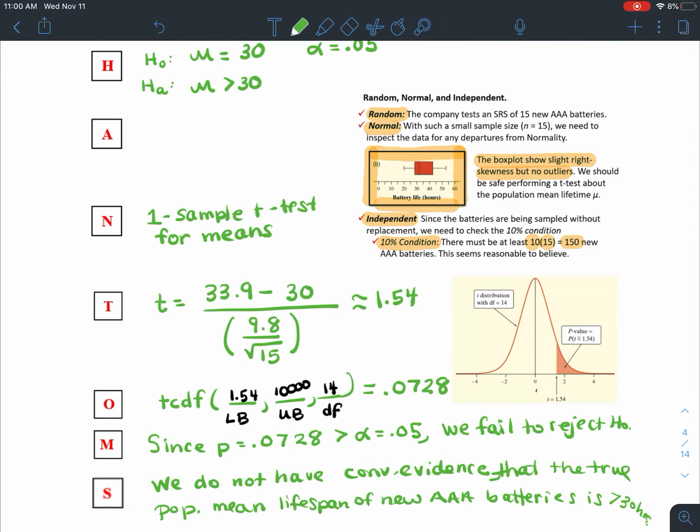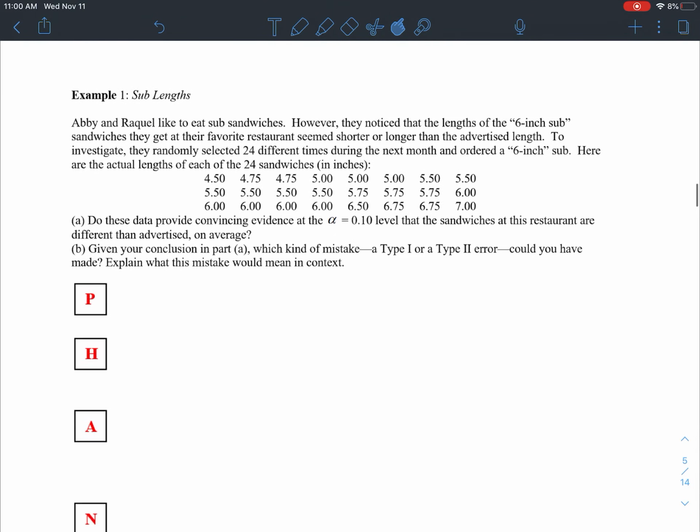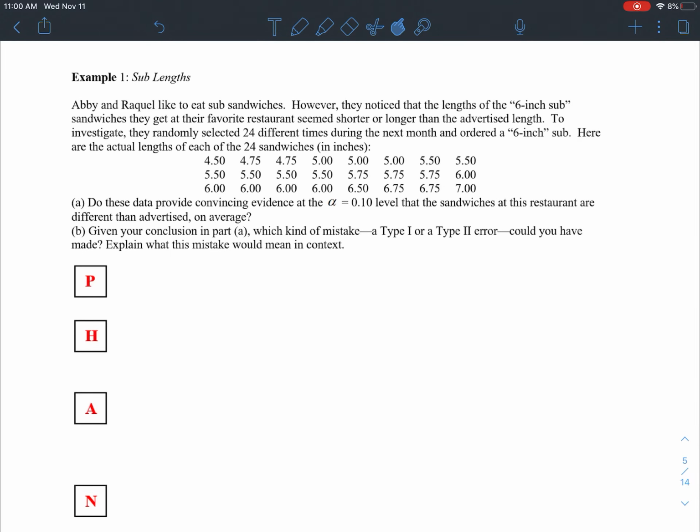All right, let's go ahead. We're going to try one more significance test here. In this example, you're given the whole body of data from the sample instead of just being given what the X bar and the sample standard deviation is. Here we have Abby and Raquel, and they like to eat sub sandwiches, but they notice that the lengths of the 6-inch sub sandwiches that they get at their favorite restaurant either seemed shorter or longer than advertised.